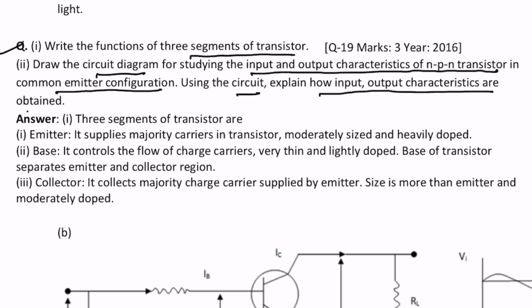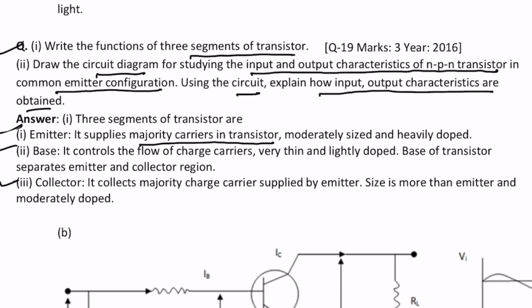Okay, so we'll explain the 3 segments of transistor. First is the emitter, second is base, and then collector. So what does the emitter do? It supplies the majority carriers in the transistor. Suppose it is an NPN transistor, then N means electrons are the majority charge carriers.